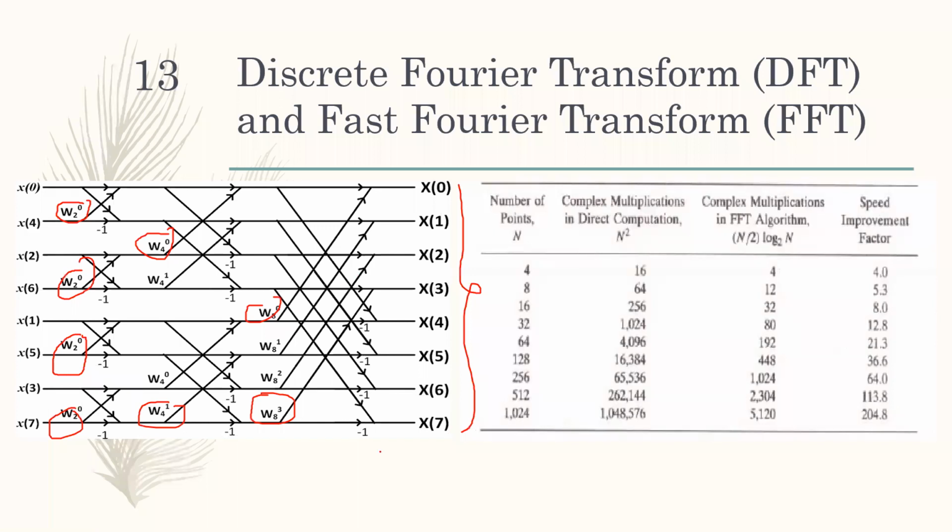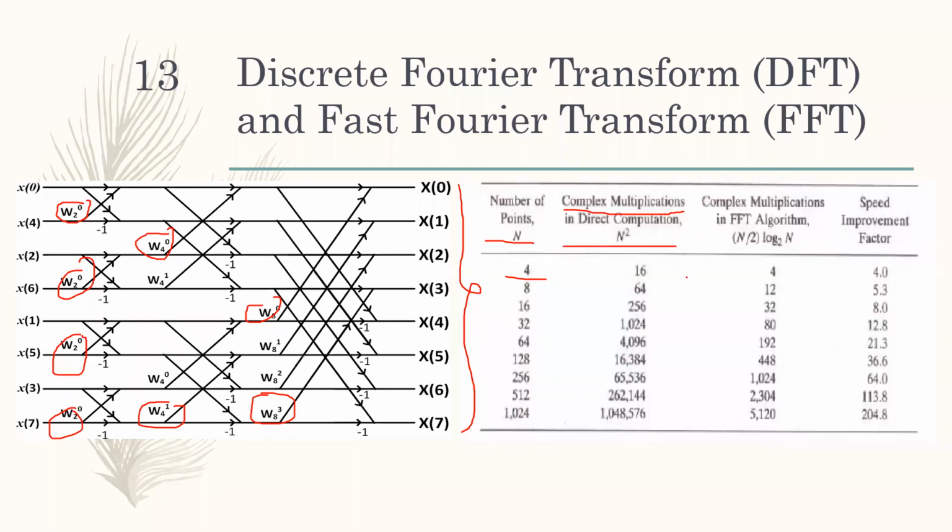Now let us take a few comparisons depending on the number of points, that is, how many samples are present. For example, let us consider just 4. For 4 samples present in x of n, consider the complex multiplications involved in direct computation. Direct computation implies using the equation x of k is equal to summation n equals 0 to N minus 1 of x of n e raised to minus j 2 pi by N into kn.